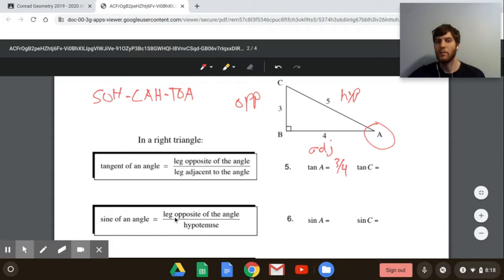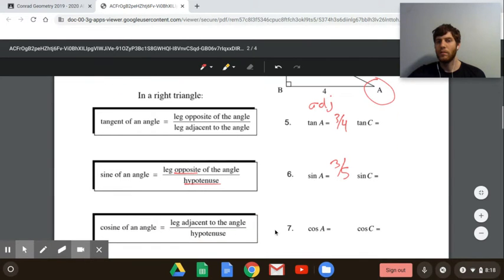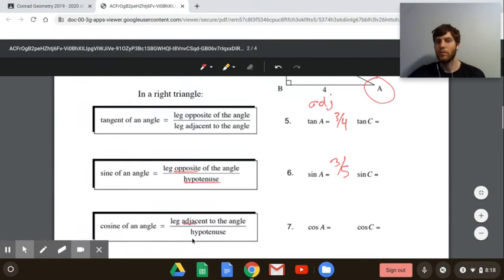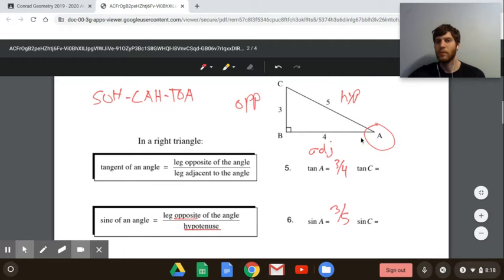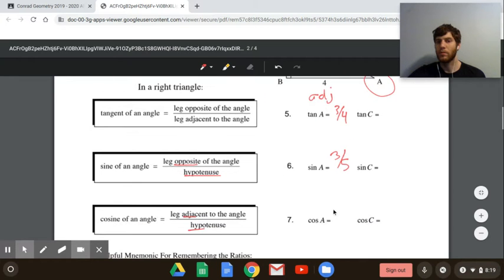So the sine of that angle is going to be 3 over 5. And then the cosine, that's adjacent over hypotenuse. So the adjacent side is 4, and then the hypotenuse is 5. So this one is going to be 4 over 5.